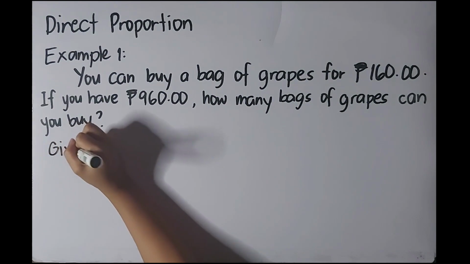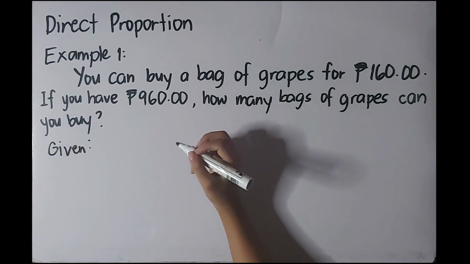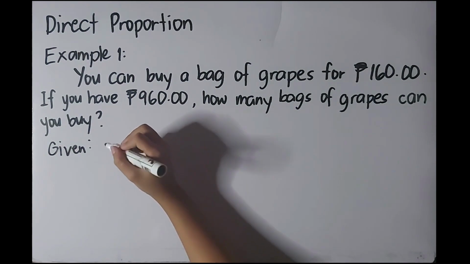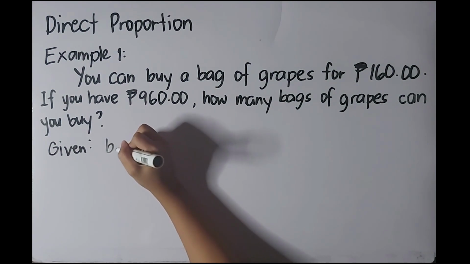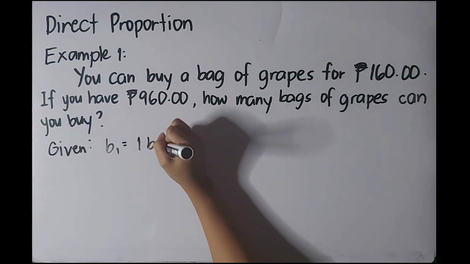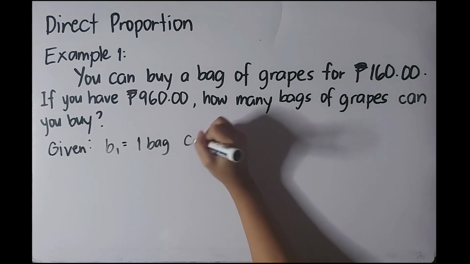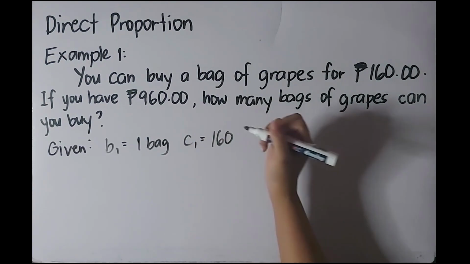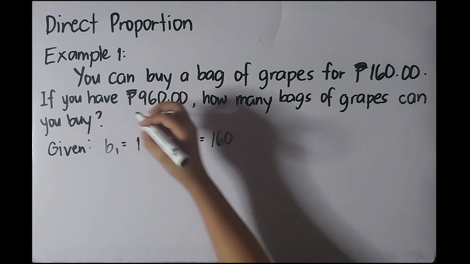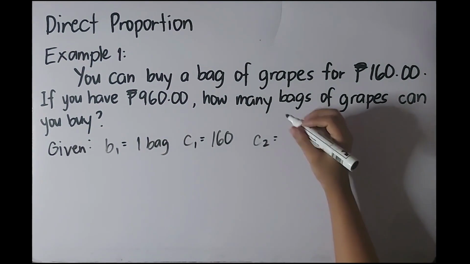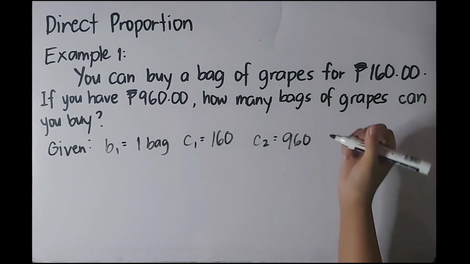Our given. So let us take the bag as B1. So we have one bag that costs C1, 160 pesos. And another given we have here is cost 2, 960 pesos.